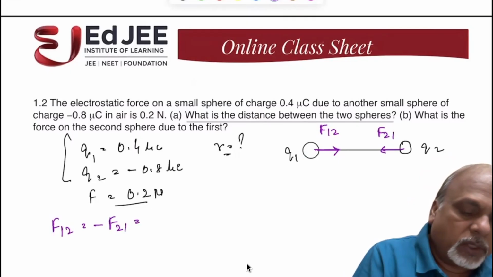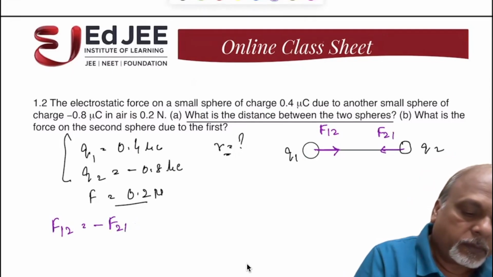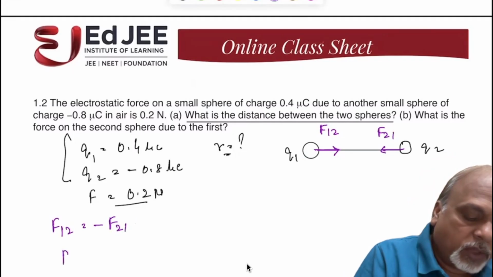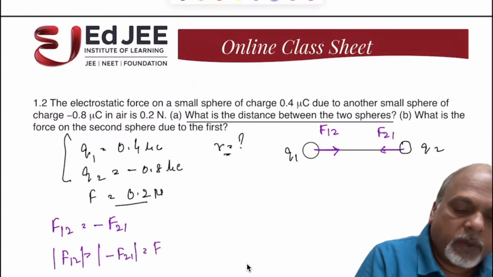Or you can say the magnitude of this will be equal, and that is given by 1 by 4 pi epsilon 0 Q1 Q2 upon R square.